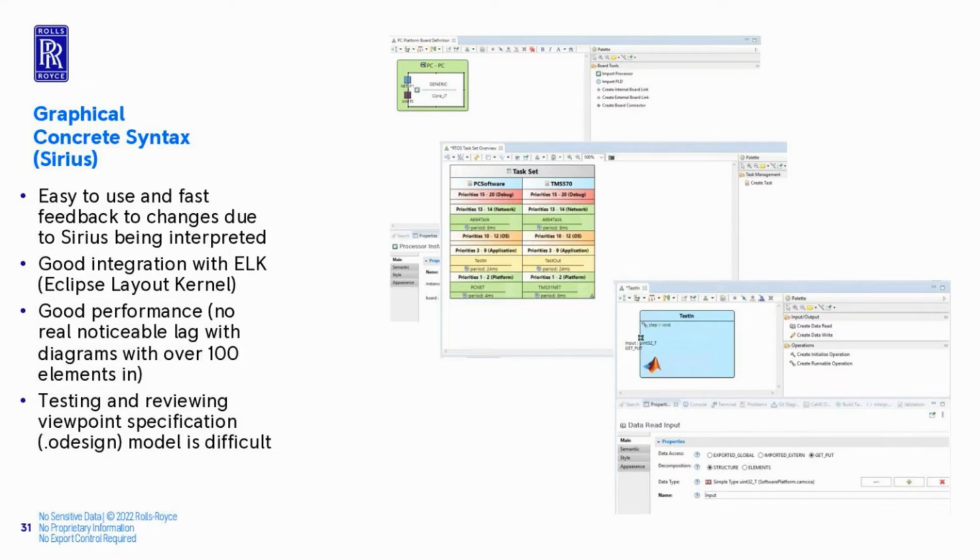Both have their advantages and disadvantages, but we've felt that we've been more successful with SWTBot because there are a lot of examples within the Sirius GitHub repository, and we've managed to get some good GUI tests working. However, it's still quite a laborious process to actually write these GUI tests because there's no support from a tool to actually record actions. We found that this wasn't supported on Sirius diagrams.